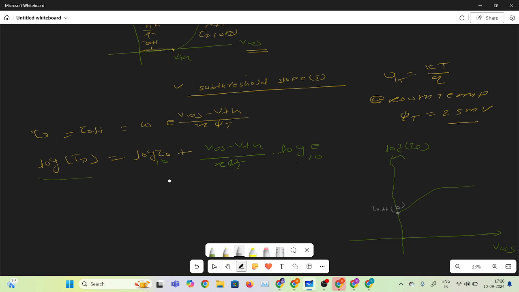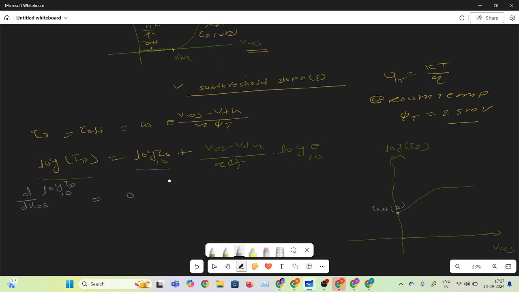Then I want to calculate the slope. For the slope, we differentiate log ID with base 10 with respect to VGS. The first term is a constant, so its differentiation is 0.